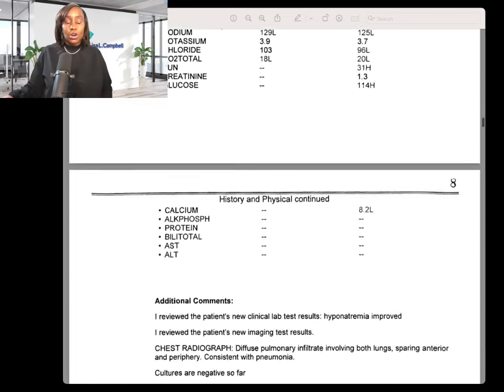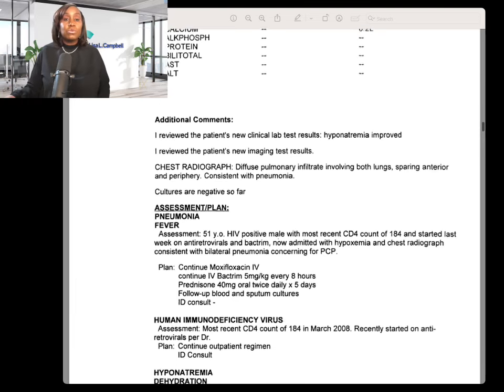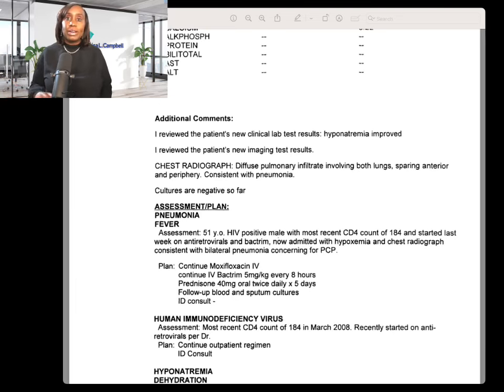So from there, the doctor says they reviewed the lab tests, the hyponatremia has improved. They talk about the chest x ray consistent with pneumonia. So now the $1,000,000 question is, consistent with an uncertain diagnosis?